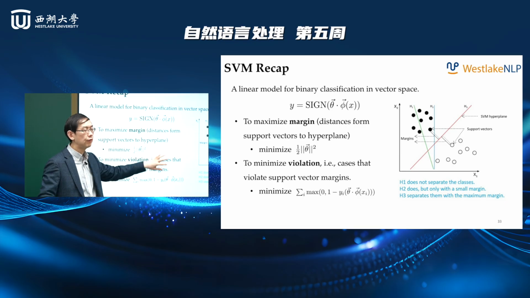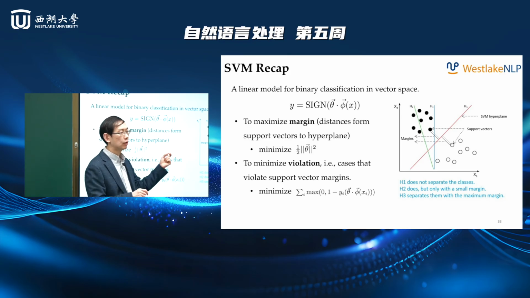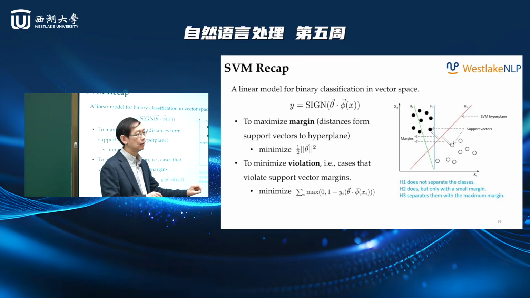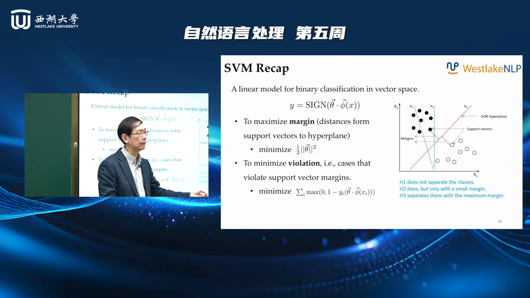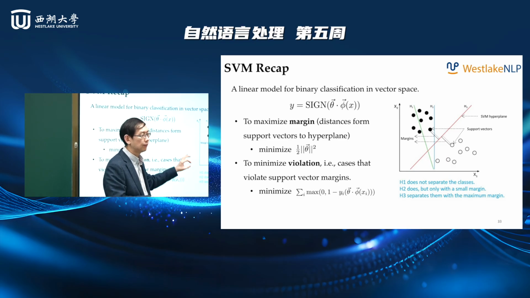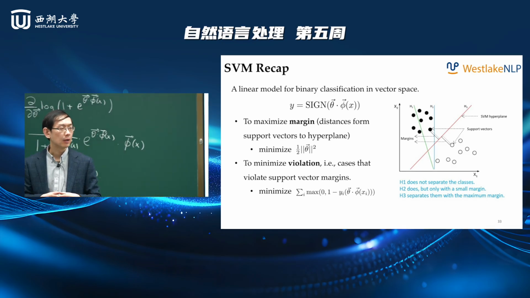Which means that they're all further than support vectors, right? But as soon as some vectors sit between two sides of support vectors, then there's a violation, right? The violation is between 0 and 1. But even more severely, if it sits on the other side of the hyperplane, then the violation is more than 1. So this is what the equation says, okay?